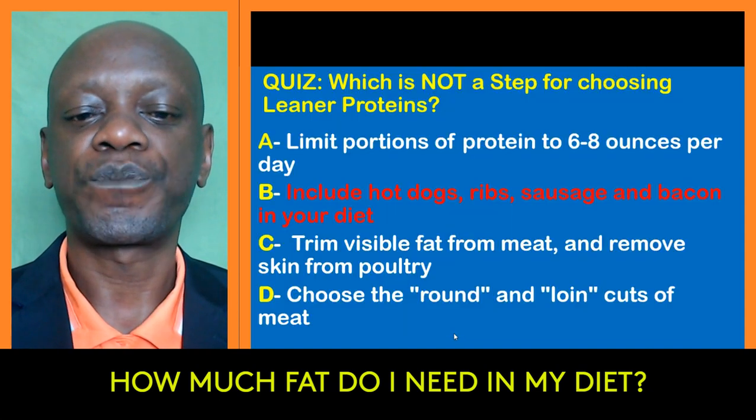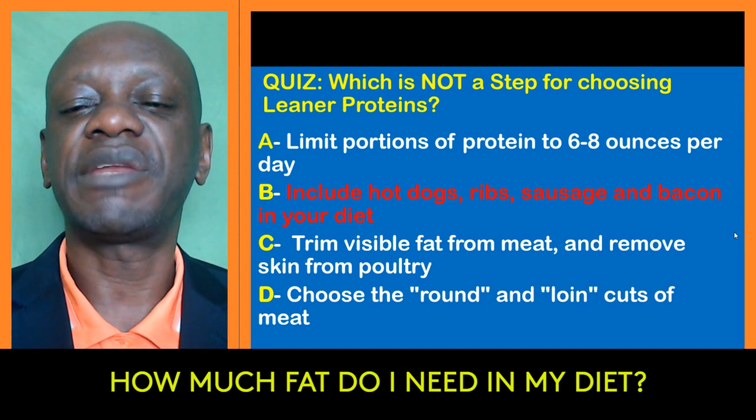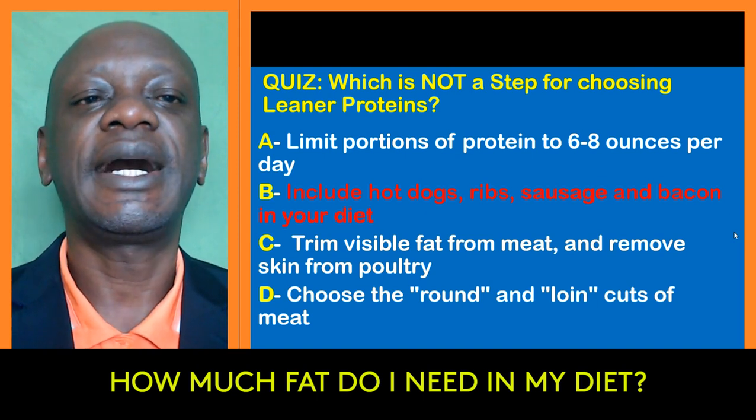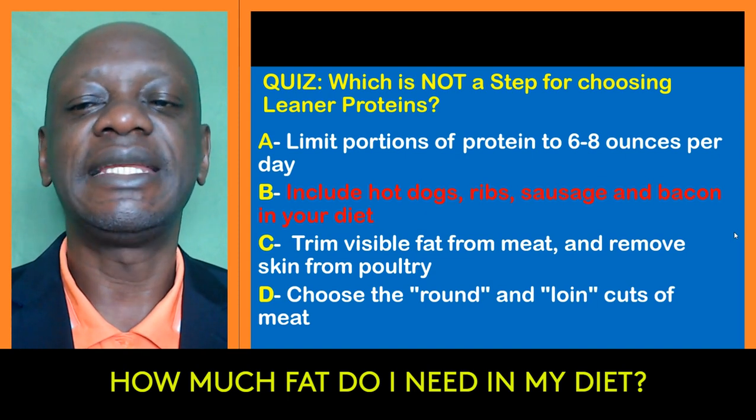So back to our quiz. The quiz was asking which of the following is not a step for choosing leaner proteins. Hot dogs, ribs, sausage and bacon are examples of foods high in saturated fatty acids, and they are not considered lean proteins.